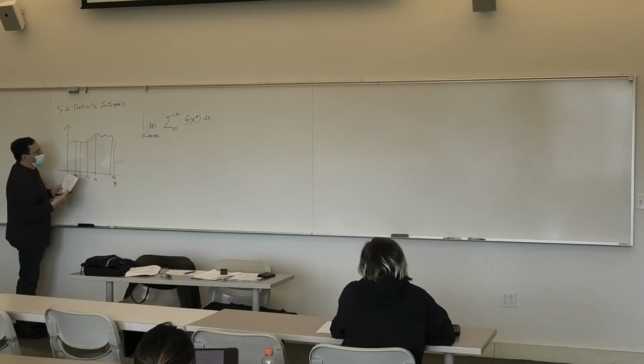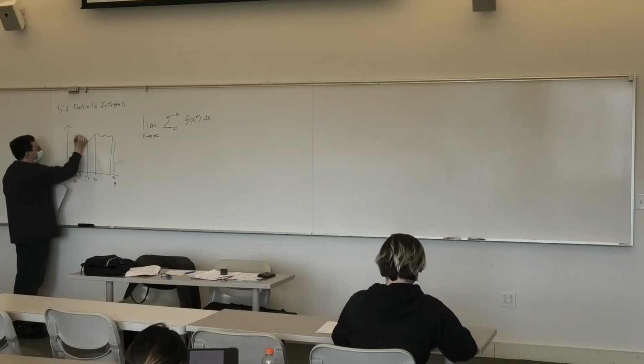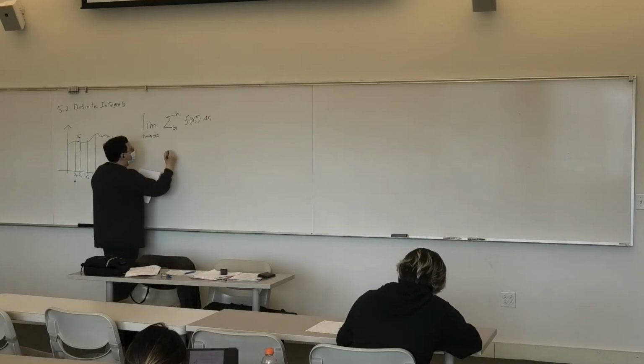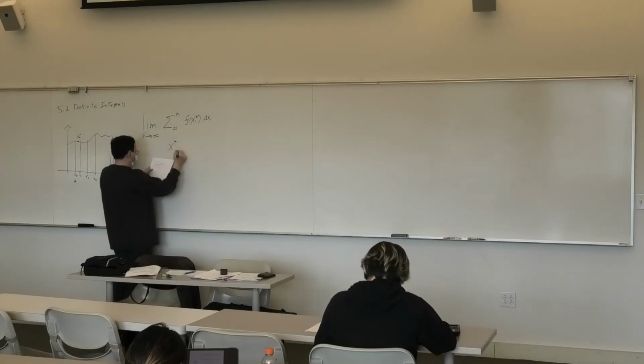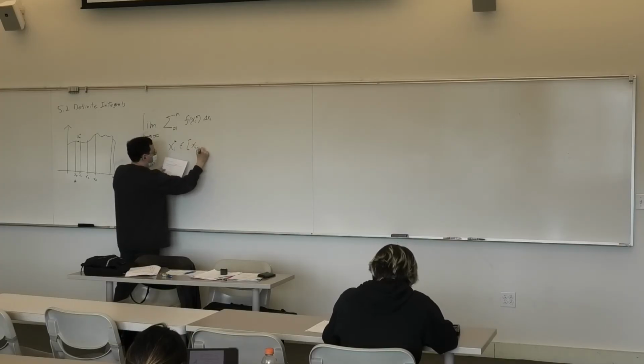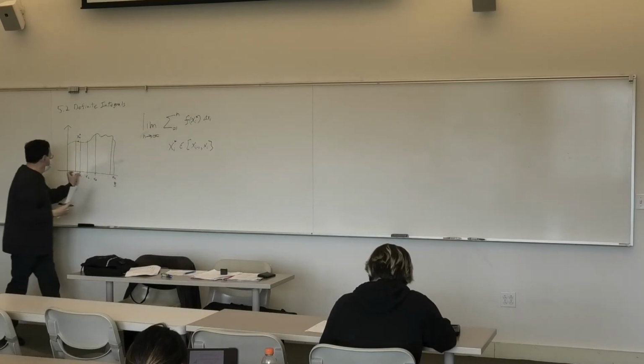And we don't actually use a trapezoid. We just pick some point in the interval, this x asterisk, just a member of that interval, from x i minus 1 to x i. It's just somewhere in between here.